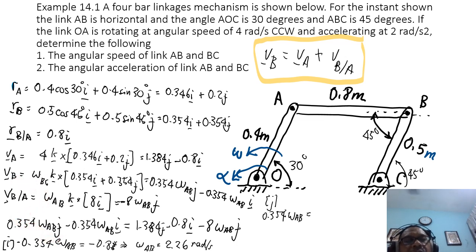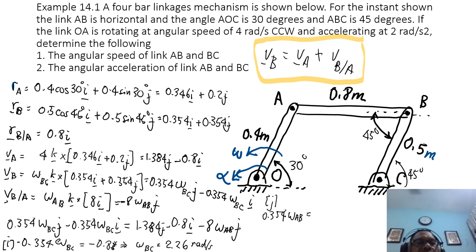Okay, hold on. There was a mistake before this, so I've changed it again. VB equals omega BC K cross this position vector, so we got 0.354 omega BC J and then 3.5 omega BC I.